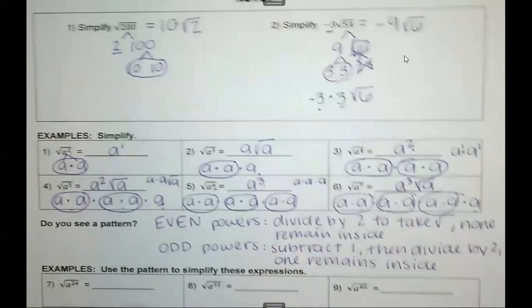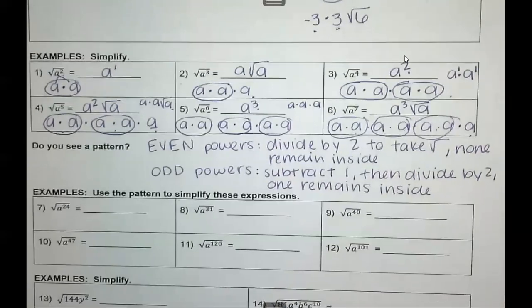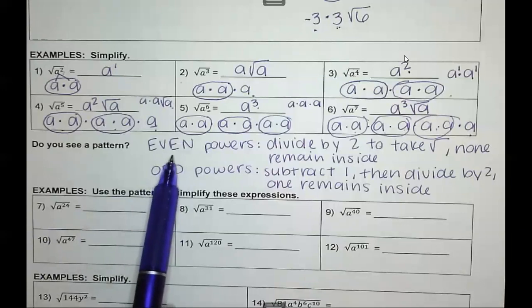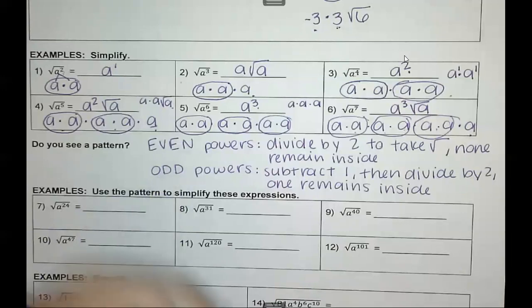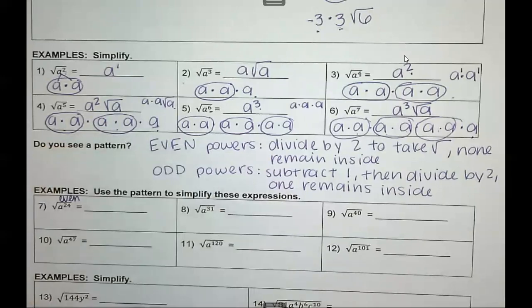All right, so let's give these 2 rules that we just came up with a try on this next set of examples. All right, so let's start with number 7. So my power on number 7 is 24. 24 is an even number, so this one is even. So I'm going to use the first rule.